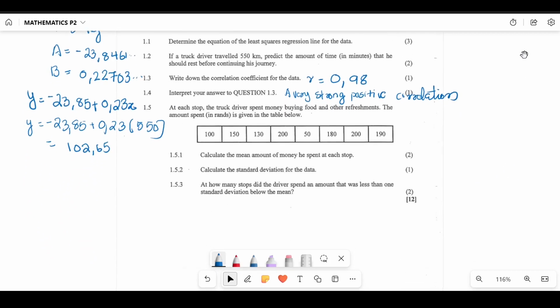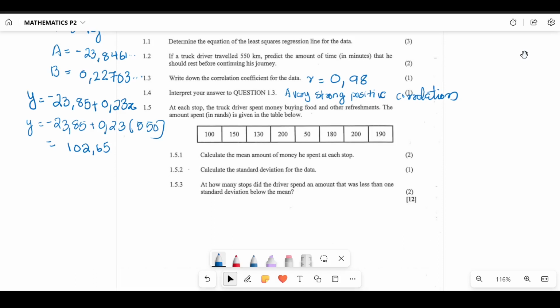1.5. At each stop, the truck driver spent money buying food and other refreshment. The amount spent in rands is given in the table below. So you have a list of data here. Calculate the mean amount of money he spent at each stop.